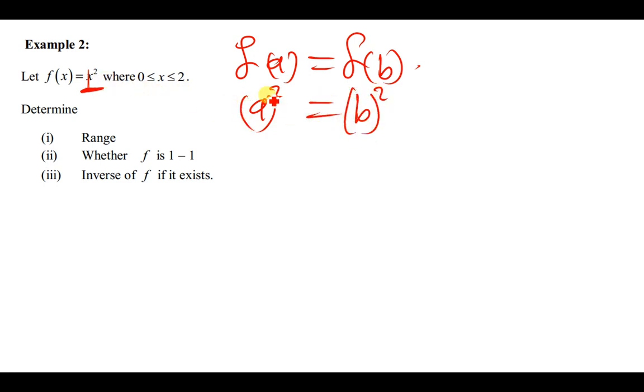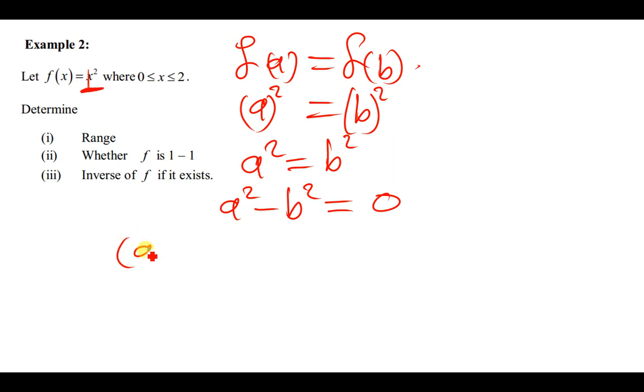So we have a squared is equal to b squared. We'll take b squared to the other side of the equal sign. We'll have a squared minus b squared, which is equal to 0. This is the difference of two squares, meaning you can write it as a plus b and then a minus b, and this is equal to 0.